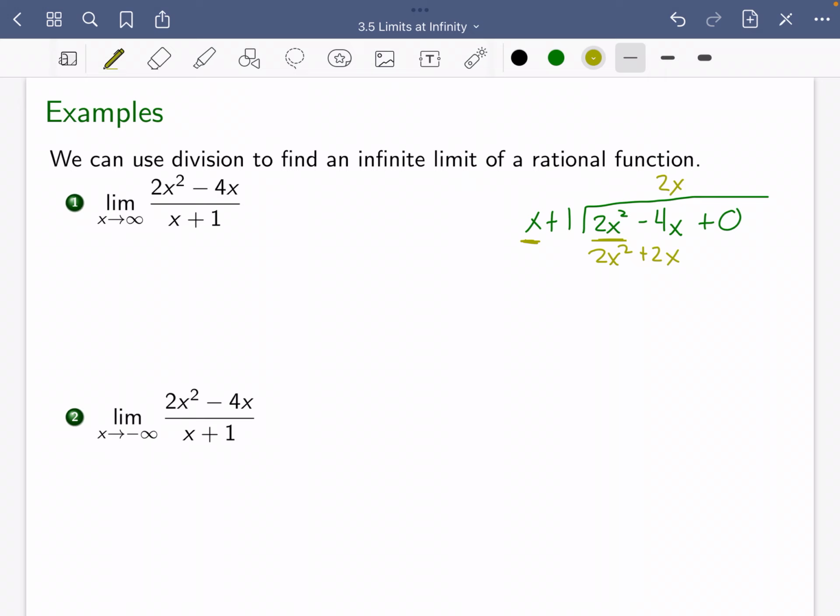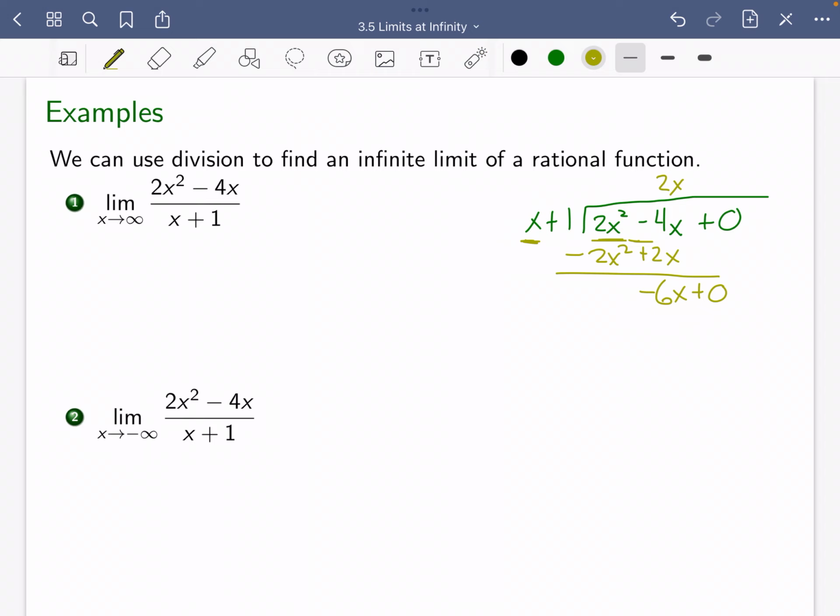So we did this multiplication where we multiplied by the x, and then we multiplied by the 1. And then we switch the signs, so we will subtract those. So now we have negative 6x plus 0. And then we do the same thing. What do we need to multiply x by in order to get negative 6x?